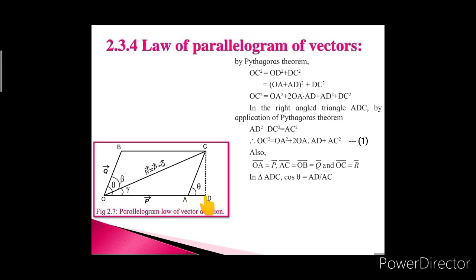The adjacent side is AD and the hypotenuse is AC. So cos theta is AD upon AC, and hence AD will become cos theta into AC, as AC is equal to the side OB, which has the magnitude of vector Q.